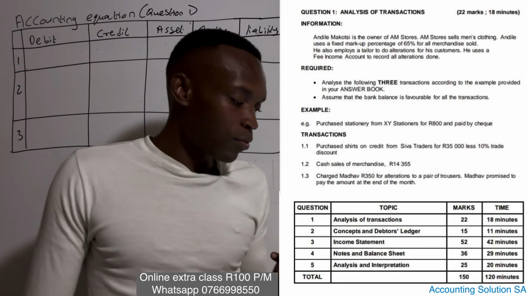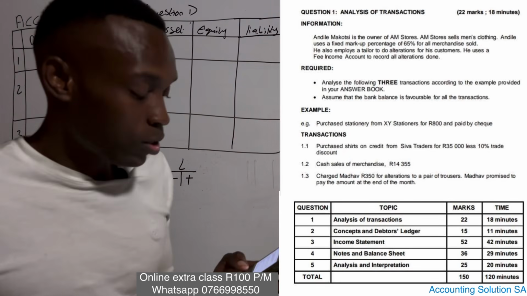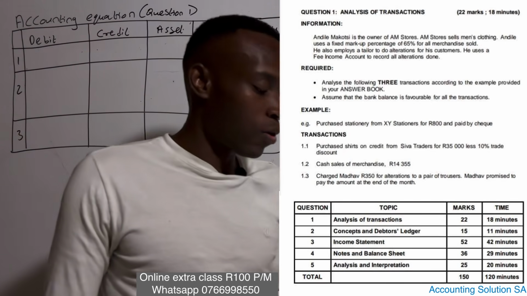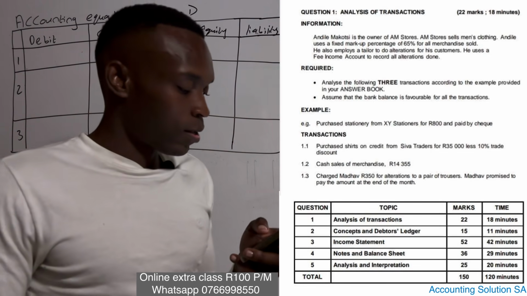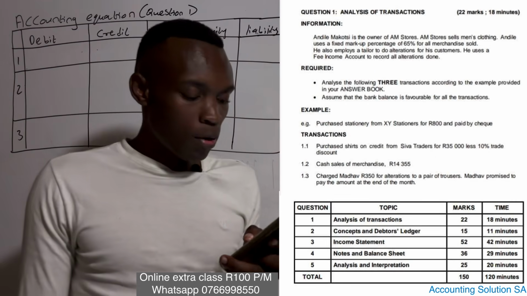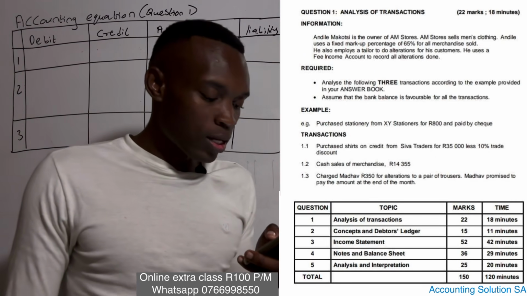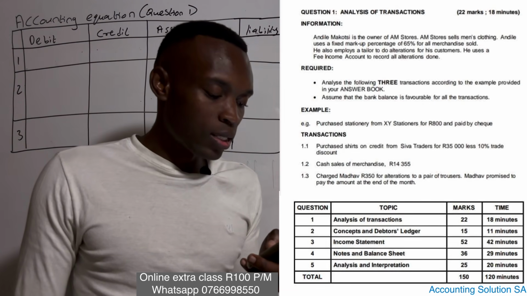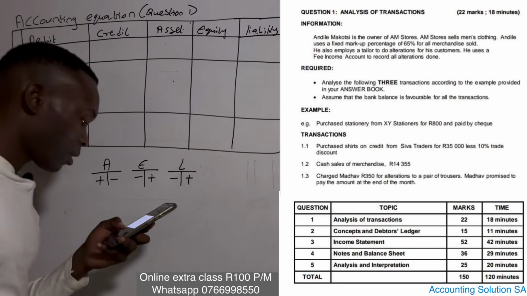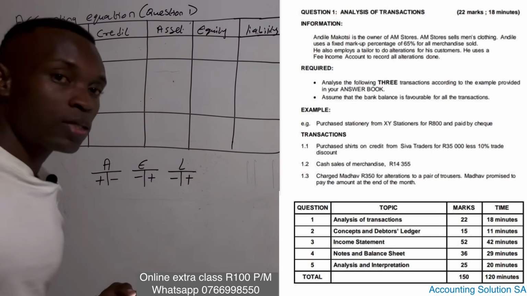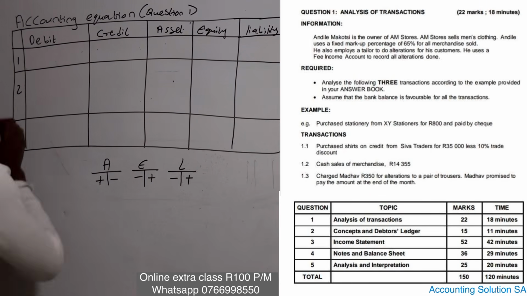Required: analyze 3 of the following transactions according to the example given. Accounting equation table, it was like this. Assume that the bank balance is favorable in all transactions. Okay, transaction number 1.1, purchase T-shirts on credit from Silver Traders at 35,000 less 10% discount. We purchase T-shirts. T-shirts to us are stock, which means that stock is going to increase because assets increase on the debit.